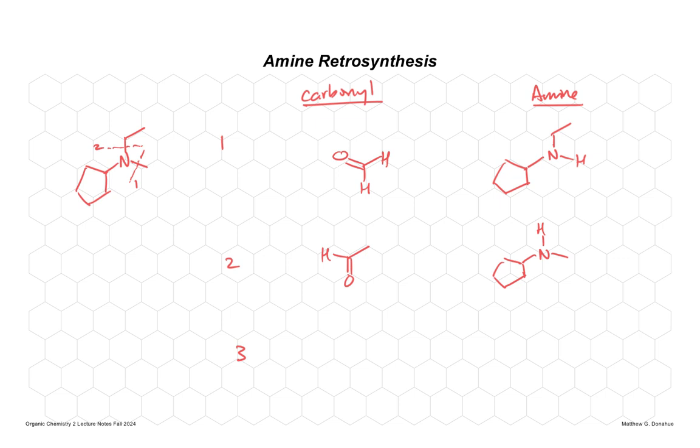And then the third way, that one would have to start from a ketone. And the amine we would use would be this secondary amine, ethyl methylamine.